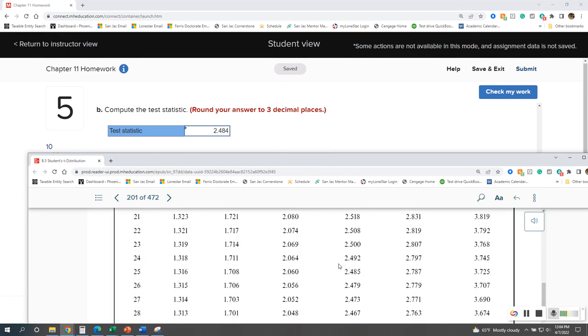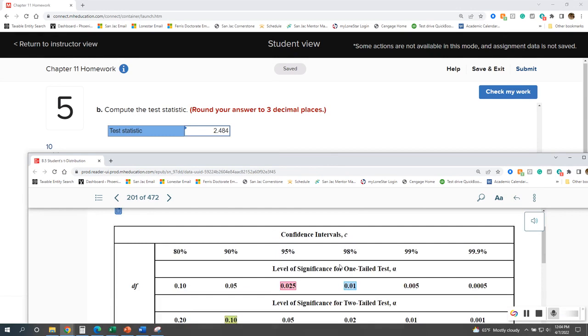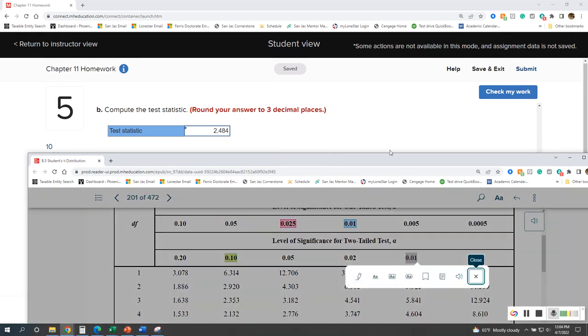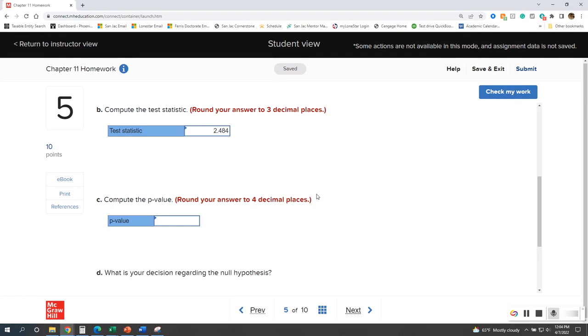Since it's a two-tail, it's between 0.02 and 0.01. They actually want us to compute this. Okay.